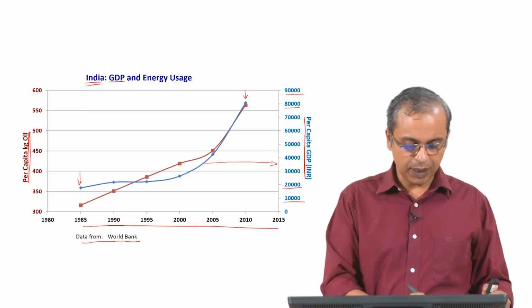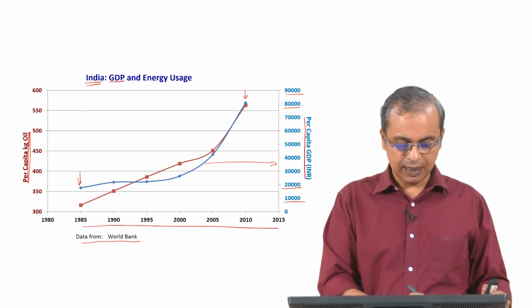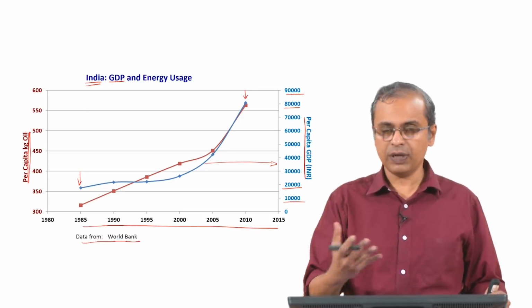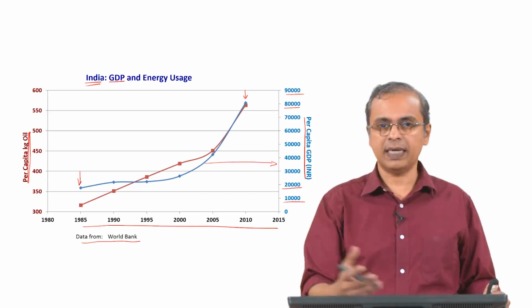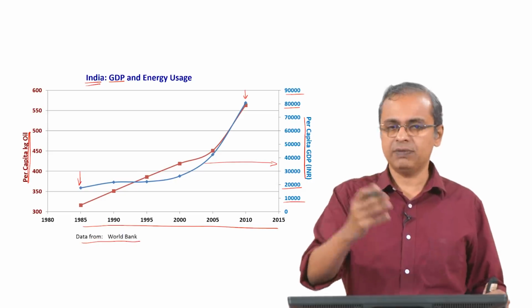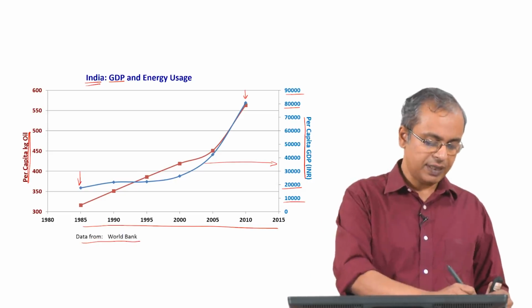If you look at this brown line, that is the per capita kg oil consumption. This is oil for energy usage, oil that is converted to say electricity, used for running automobiles, everything. So, all of that energy consumption is what this y axis effectively represents.